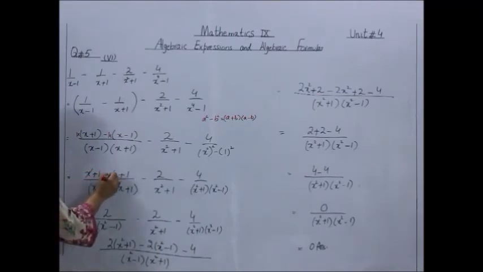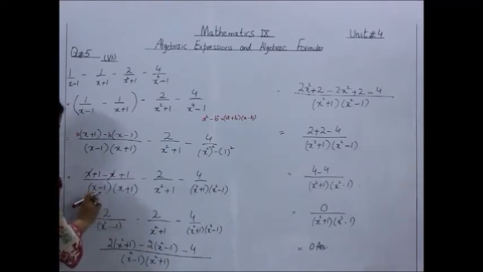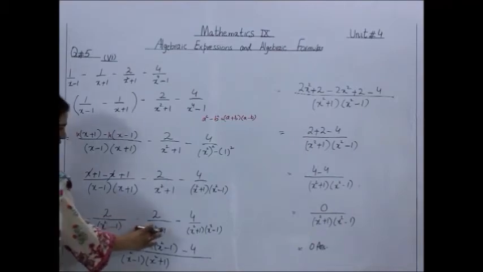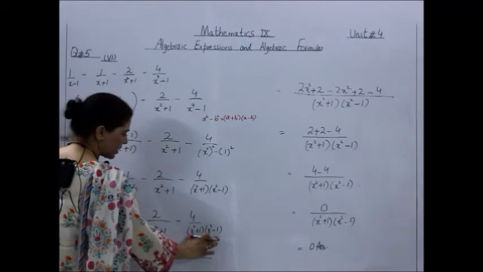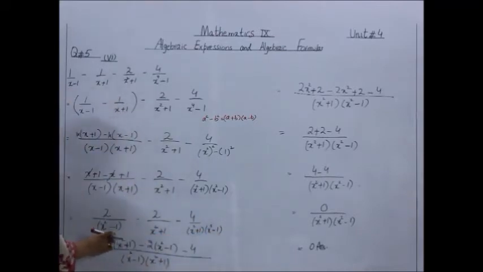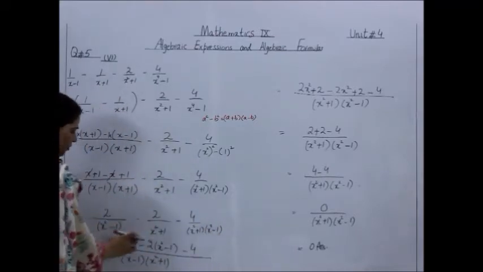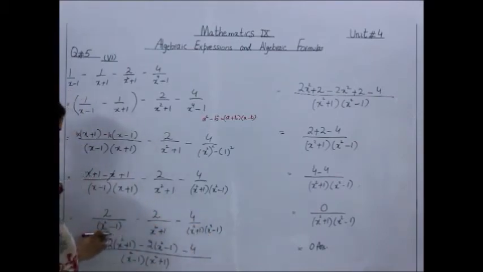See, this x will cancel with minus x, 1 plus 1 is 2, and again x minus 1 times x plus 1 is a minus b, a plus b, which becomes a square minus b square. Why did we do this? Because in the next terms we have x square plus 1 and x square minus 1. So to make the common factors as LCM, we did x square minus 1.